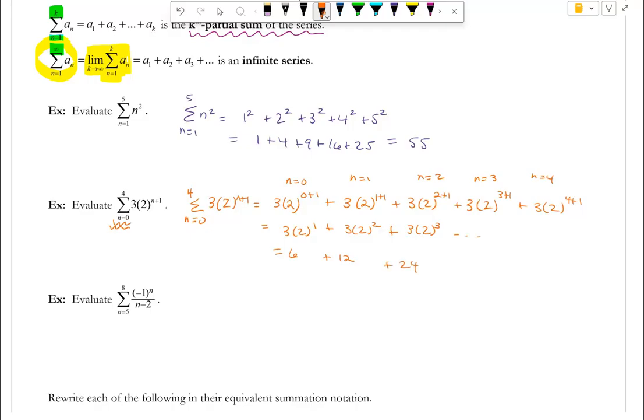And what we might notice is that as we're adding, the terms of our sequence are doubling because this is a geometric sequence. So it might be faster to realize my fourth term is just going to be 48, and my fifth term is just going to be 96. All right, so when we add those up, 6 plus 12 plus 24 plus 48 plus 96, we get 186.